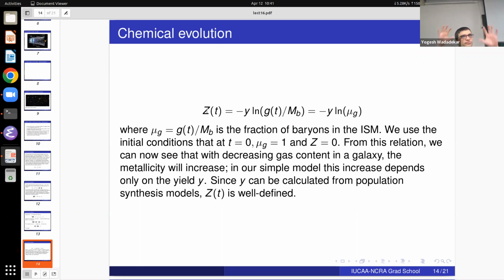So now all of this analysis that we presented is very simple, just rearrangement of terms and simple linear differential equations, is true provided the assumptions that we had initially are all true. If it is in fact a closed box system, then you can predict using population synthesis models how the z of t, the metallicity of the galaxy, is going to evolve as a function of time.